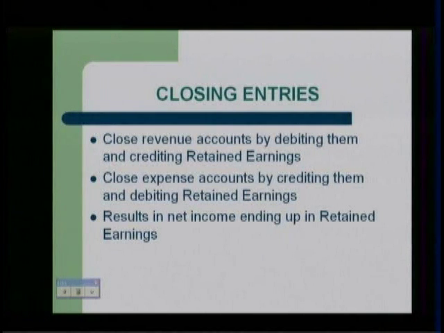You credit retained earnings because you have to have an offsetting piece to that journal entry so your journal entry will balance. You close your expense accounts by crediting them. Now remember your expense accounts have debit balances, so to get them to zero you credit them and you debit retained earnings because you have to have an offsetting balance there. The net result is that net income ends up in retained earnings. So that's what closing entries are all about.